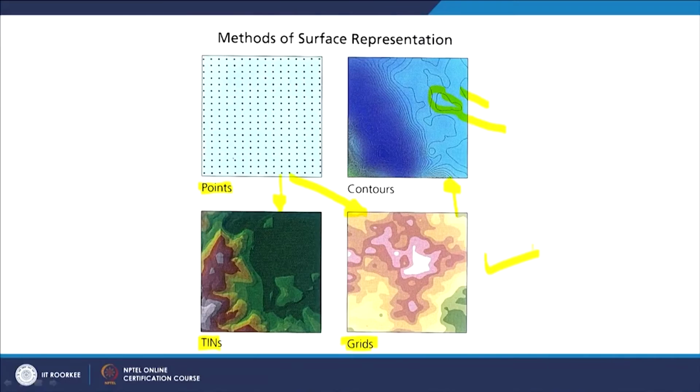That means you have to provide point data, and that point data will then be interpolated through whichever interpolation technique you choose, and a surface will be created. But suppose I do not have point data, I have polyline data or contour data, can I create a surface from there?